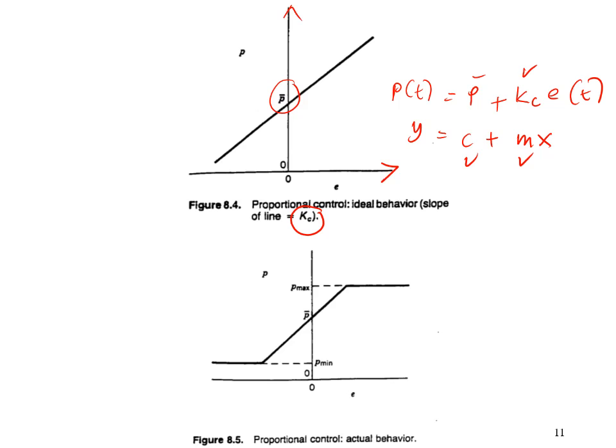So the ideal behavior of the proportional control is as shown in this figure, but in the actual behavior, the output of the controller will have a minimum and a maximum value.